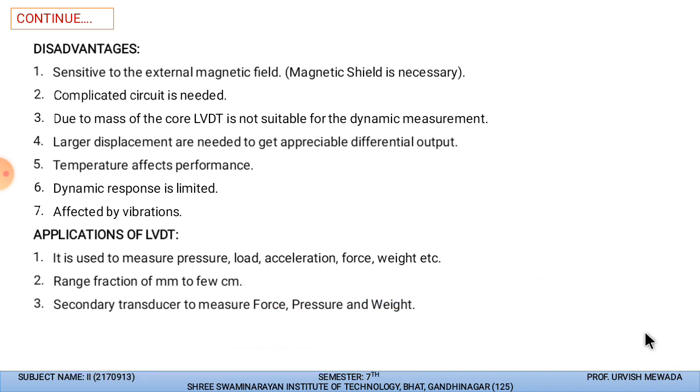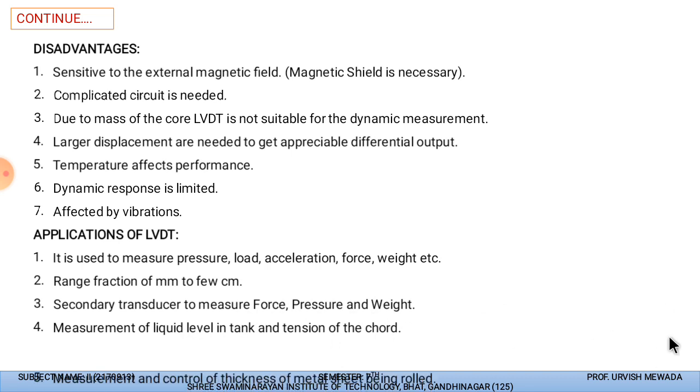Then it acts as a secondary transducer to measure force, pressure and weight, and so a large setup is required. Then the measurement of liquid level in a tank and the tension of a cord are applications. So pressure, force, and weight measurement, and then tension and liquid level measurement can be done with the help of LVDT.